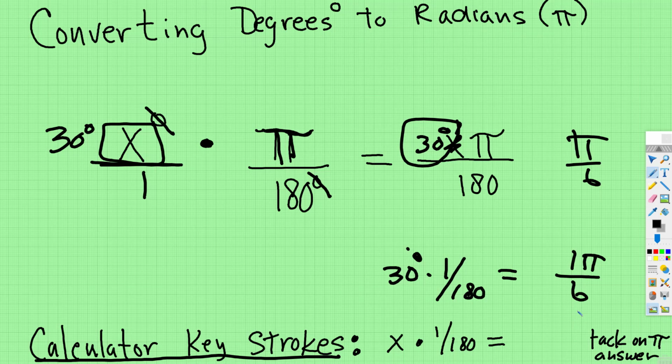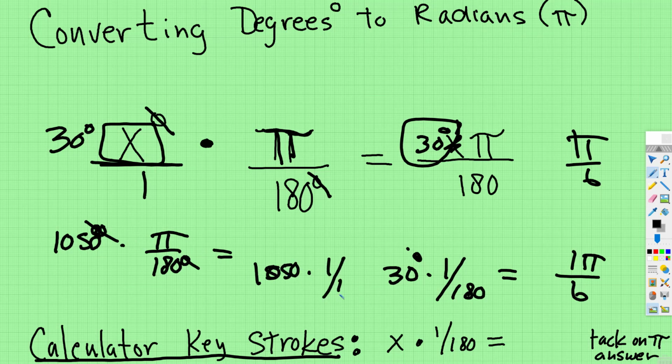All right, so even if you had, say, 1,050 degrees, and you wanted to convert it to radians, the degree signs cancel, and then you type in 1,050 times the fraction 1/180.